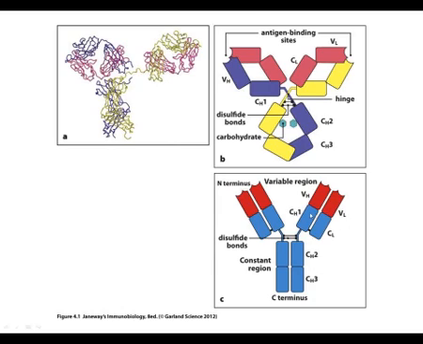And then these have 4 immunoglobulin-like domains. The variable region is 1 immunoglobulin-like domain, and the constant region is 3. So this is the first, second, third constant region. You can see that the variable region is actually made up of both the light chain and the heavy chain. This is where antigen binds. And then the constant region is just made up of heavy chain.